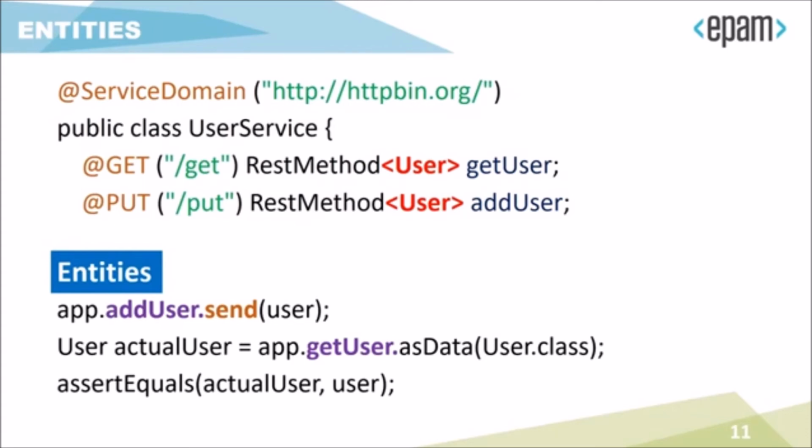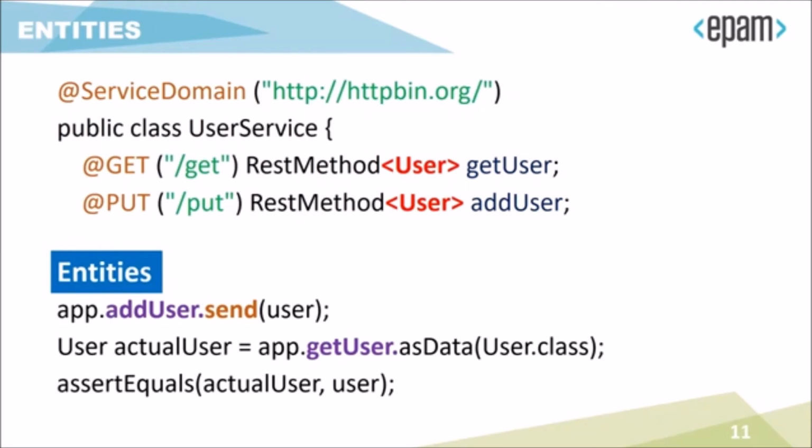And you can do the same thing the other way. You can just get the entity from the service. So you call the method get and say that I want to get the body of the response as my entity user, and you will get the object that you can operate with in your test.